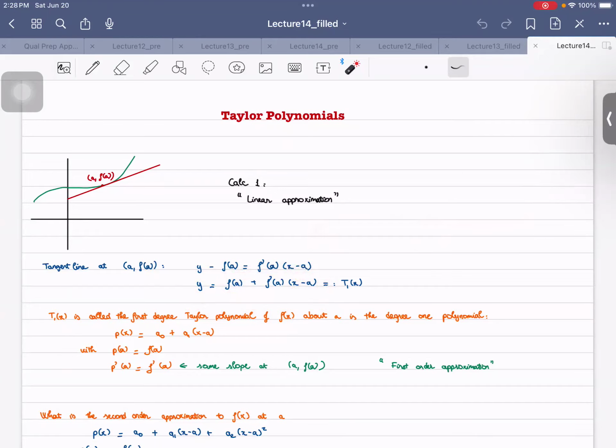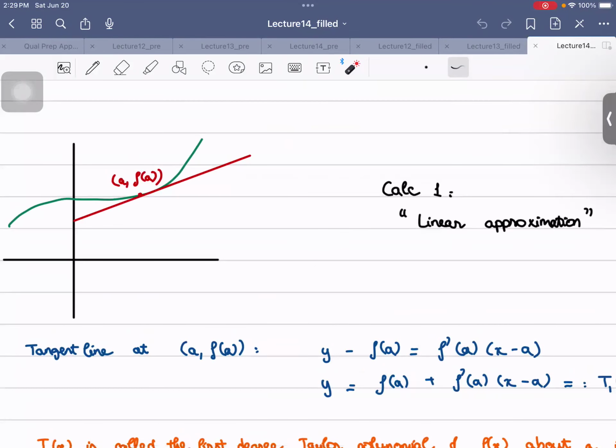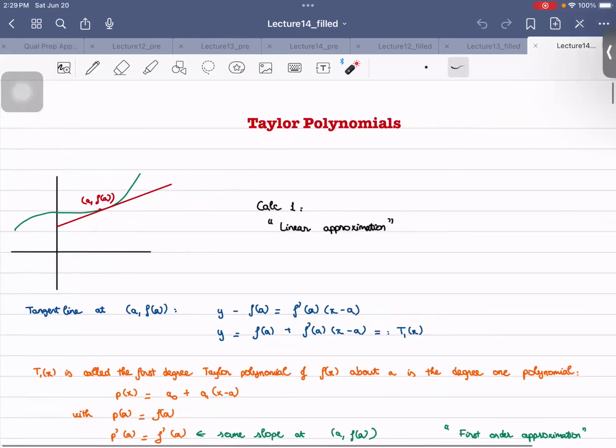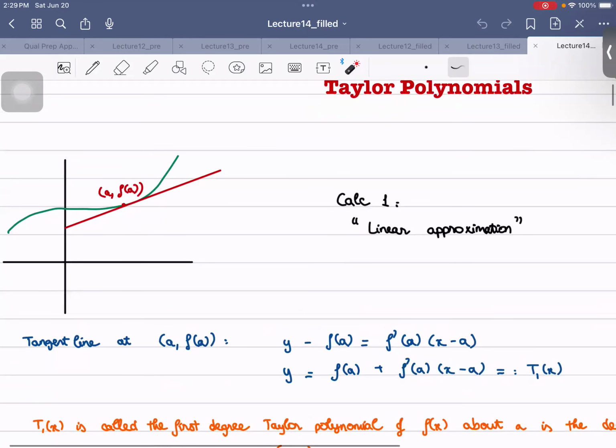And the reason is, why do we need the function approximation? So for instance, if you have some arbitrary function, like let me suppose y equal to psi of x.